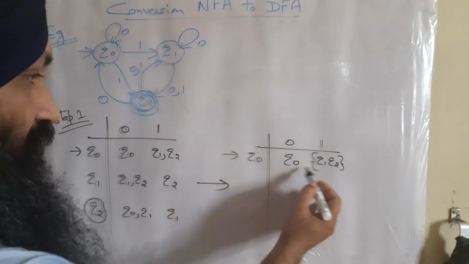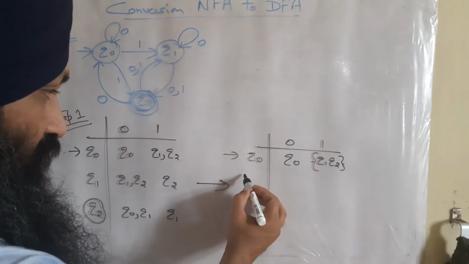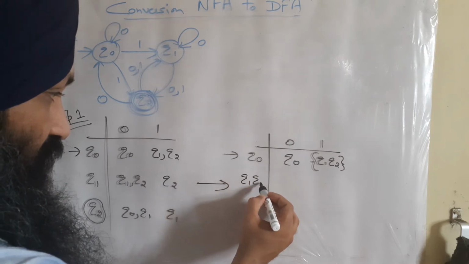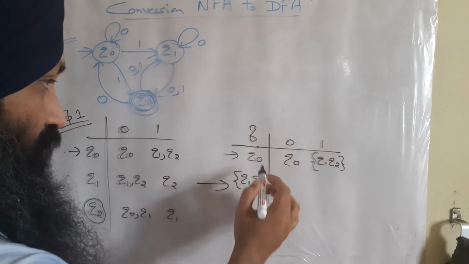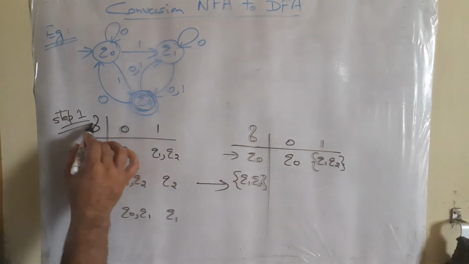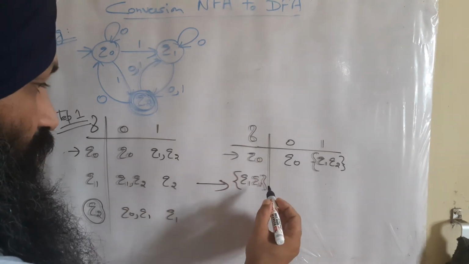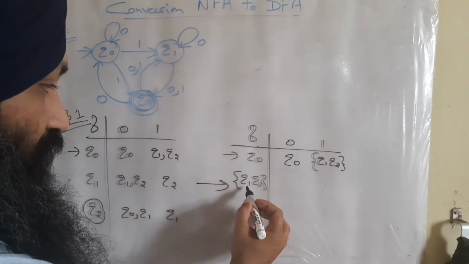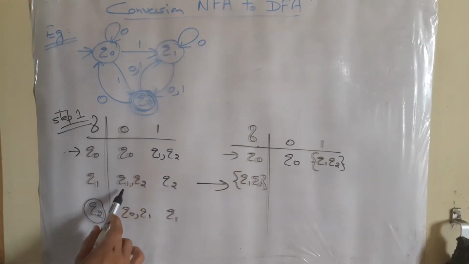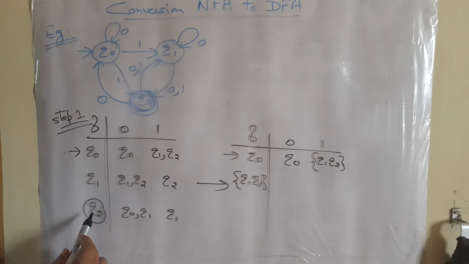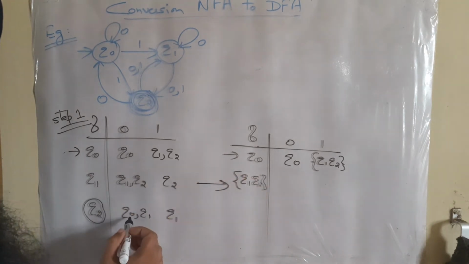Now as per the arising state, this is a new state, so we have to mention that new state on the left hand side, and delta comes here because this is the transition table. We call this table the transition table, so delta indicates that symbol. With respect to Q1 Q2, you can observe Q1 with respect to 0 gives Q1 Q2 and Q2 with respect to 0 gives Q0 Q1.